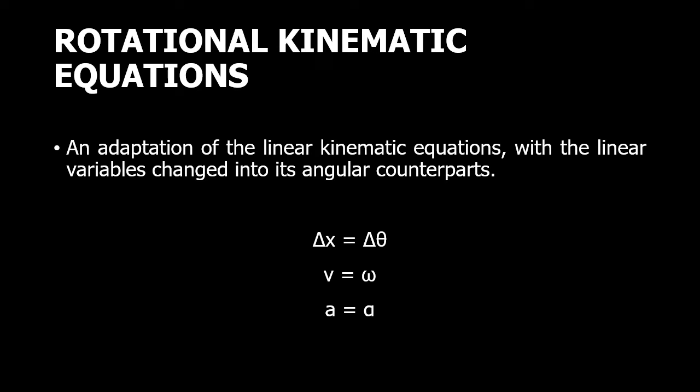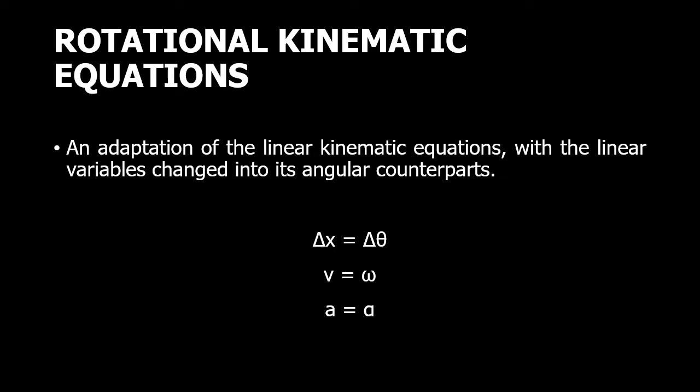Now that we have discussed the angular quantities concerned with rotational kinematics, let us now move to its equations. So again, gaya ng sabi ko kanina, rotational kinematics is just an adaptation of the linear kinematic equations. Ang pinagkaiba nga lang nila, yung linear variables, ipapalitan natin into its angular counterparts.